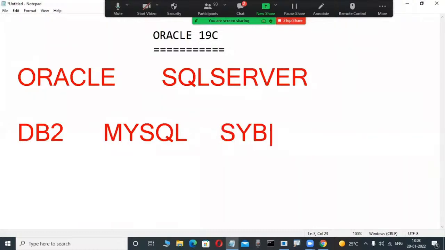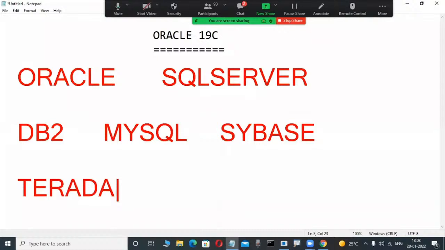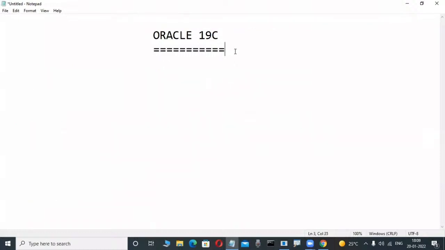Sybase is a database product from Ingres Corporation. Teradata, which many data warehousing programmers know, is a database product from NCR Corporation. SQLite is a database product. Like this, so many database products are there from different companies. That's why Oracle is always one of the popular database products.